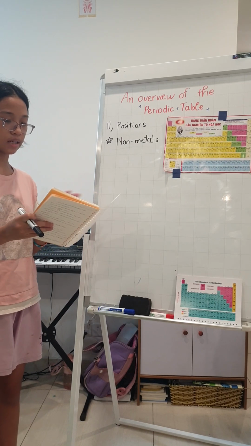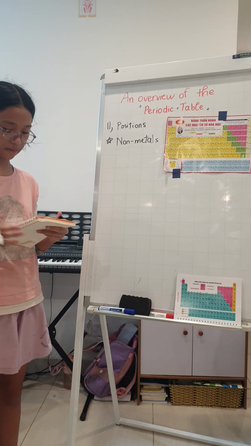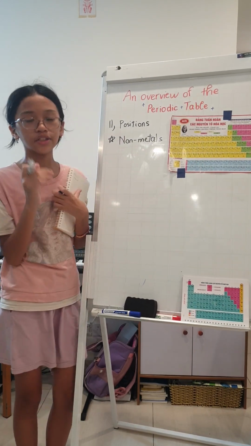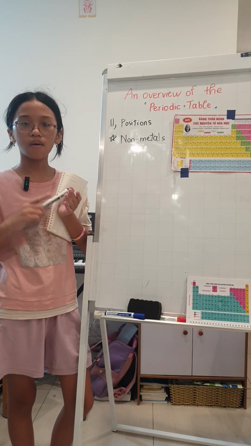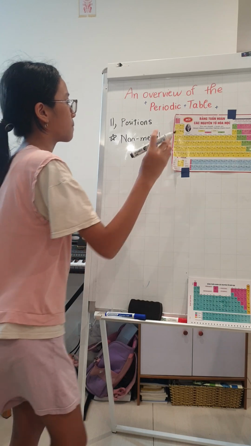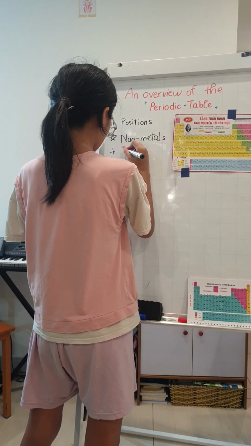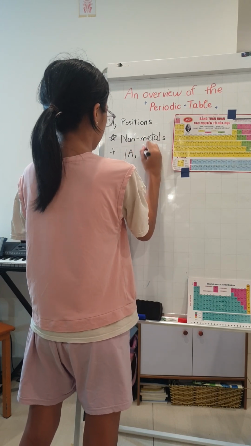I have a few pieces of information here that I have noted down carefully. Nonmetals under normal conditions can exist in solid, liquid, or gas form. And nonmetals in the periodic table stand out in most elements of group 1A, 2A.